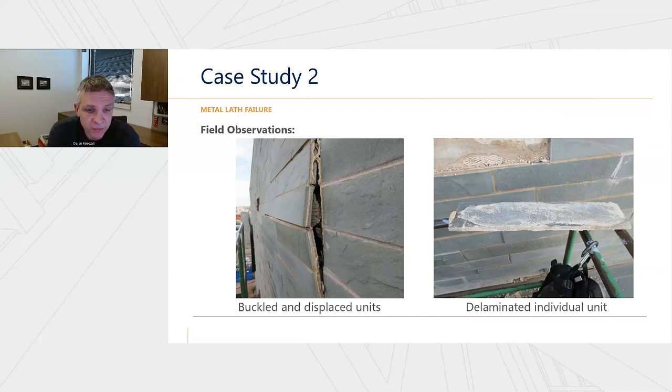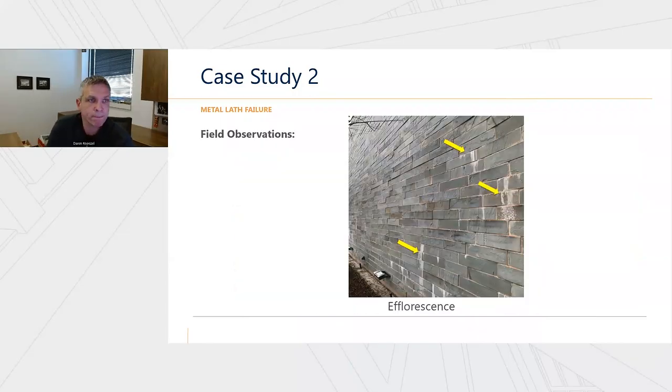Some of our field observations here, we saw widespread buckling of units, outward displaced units throughout the facade as shown on the left, and then occasional poorly adhered individual units as shown on the right. We also saw widespread efflorescence, which is the white colored deposit indicated by the arrows.